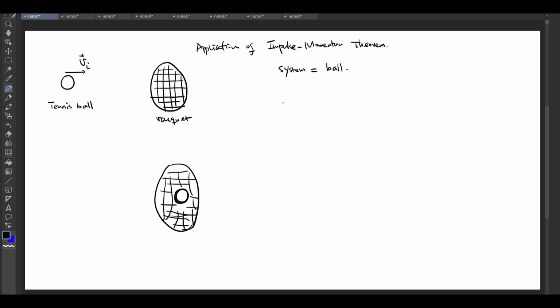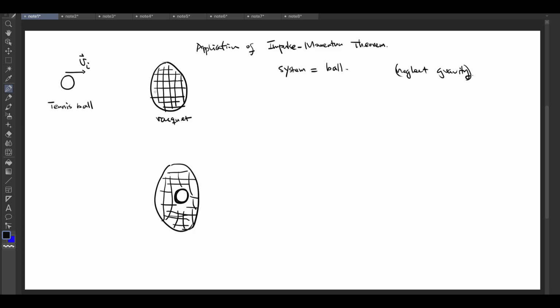Now in this case we're going to neglect gravity. Gravity, of course, is still there. It's just that compared to the force due to the net acting on the ball, the gravity is small, so we can neglect it.